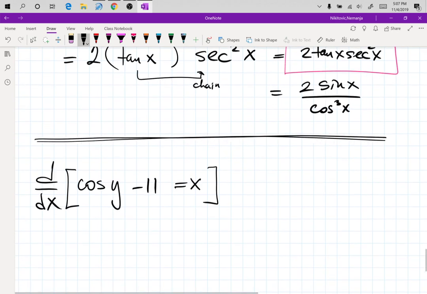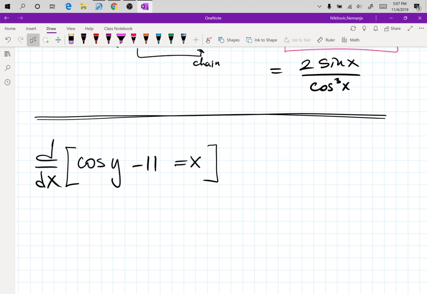All right. So we have 3 terms. In this case, we do not have any product rule, quotient rule, nothing special crazy going on. The derivative of cosine is negative sine. And then I took the derivative of y with respect to x, so I have to follow with the chain. The derivative of negative 11 is 0. And on the other side, the derivative of x is 1.